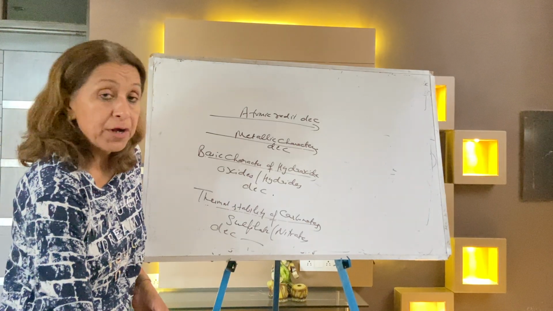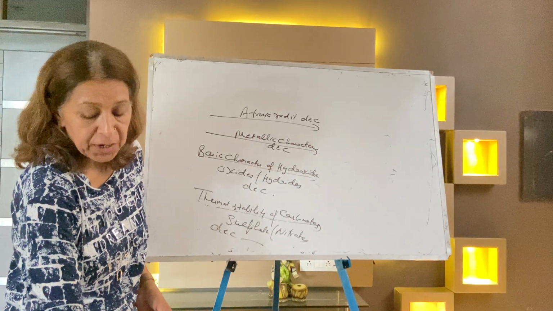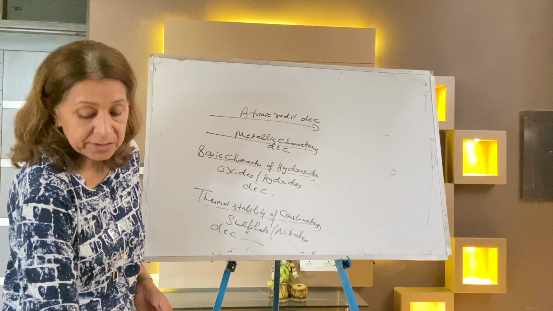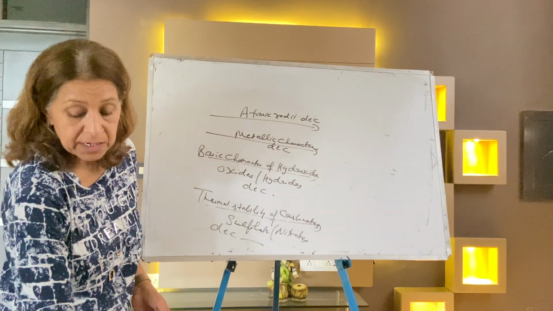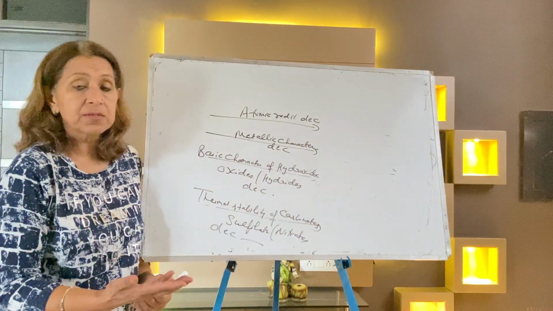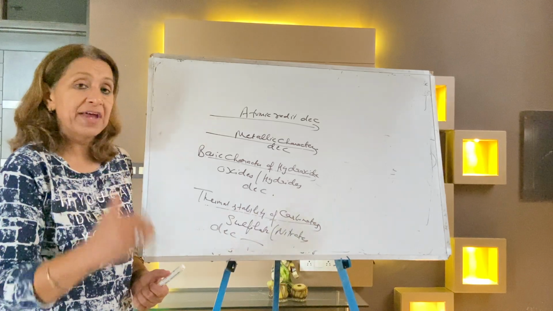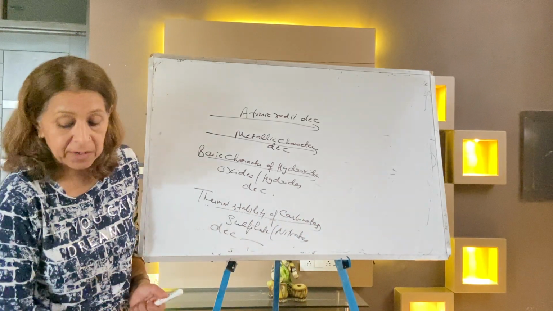Please write down: reducing nature decreases, oxidizing nature increases, screening effect is constant in a period, valency with oxygen increases. Density first increases then decreases. What happens to the density in a period? Density first increases then decreases in a period.